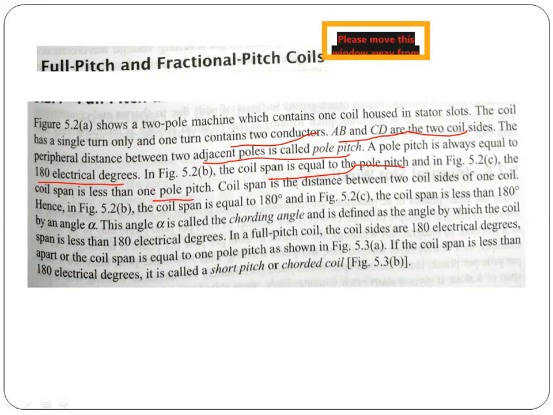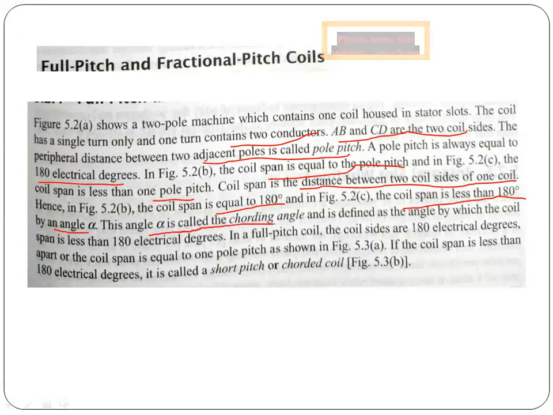In the first figure the coil span is equal to the pole pitch, and in the next the coil span is less than 1 pole pitch. The coil span is the distance between the two coil sides of one coil, and the coil span is equal to 180 degrees, and for the next figure it is less than 180 degrees by an angle alpha. The angle alpha is called the chording angle and is defined as the angle by which the coil span is less than 180 electrical degrees.